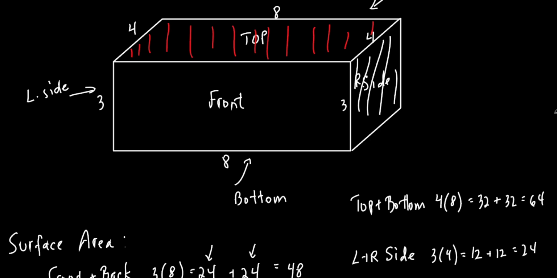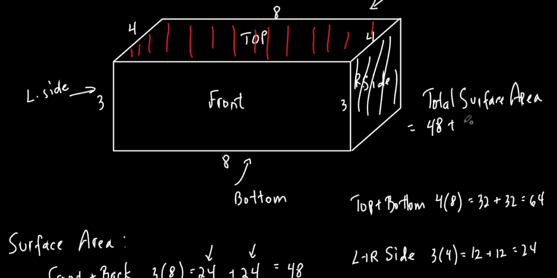Are we done? Do we just circle those 3? No. What do we have to do to them? That's right. So I'll call it the total surface area. Equals. All right. Front and the back came out to be what? 48.